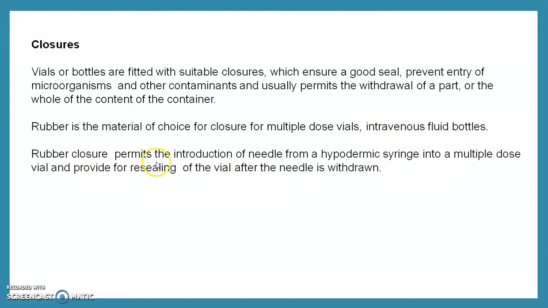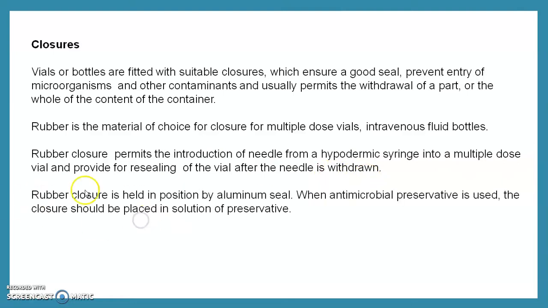Rubber closures permit introduction of the needle from a hypodermic syringe into multiple dose vials and provide a resealing of the vial after the needle is withdrawn. The rubber closure is held in position by an aluminum seal.